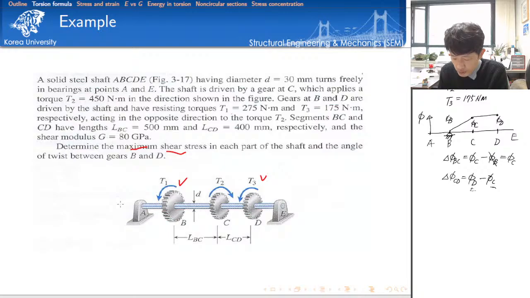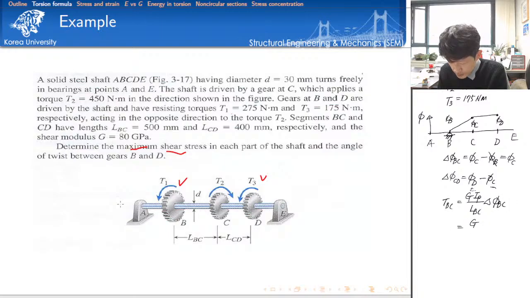Once we define the change in the angle of twist of each segment, we are ready to calculate the internal torsional moment, right? We can calculate the internal torsional moment using the force equilibrium. So T BC is equal to what? The shear modulus, the polar moment of inertia of the section, and this is delta phi BC over the length of the BC segment.